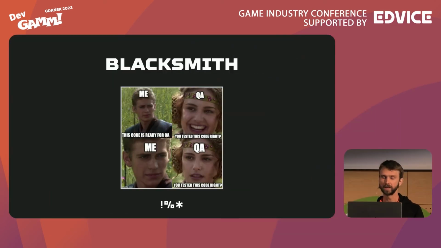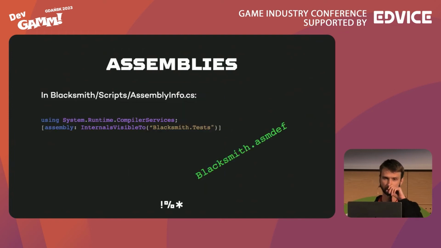As I said before, modular development tends to ease our workflow, not to harden it. So in this case, there is a solution. We can just put the assembly info file, which has this InternalsVisibleTo keyword. This allows you to test your internal stuff in the blacksmith tests assembly without any issues.